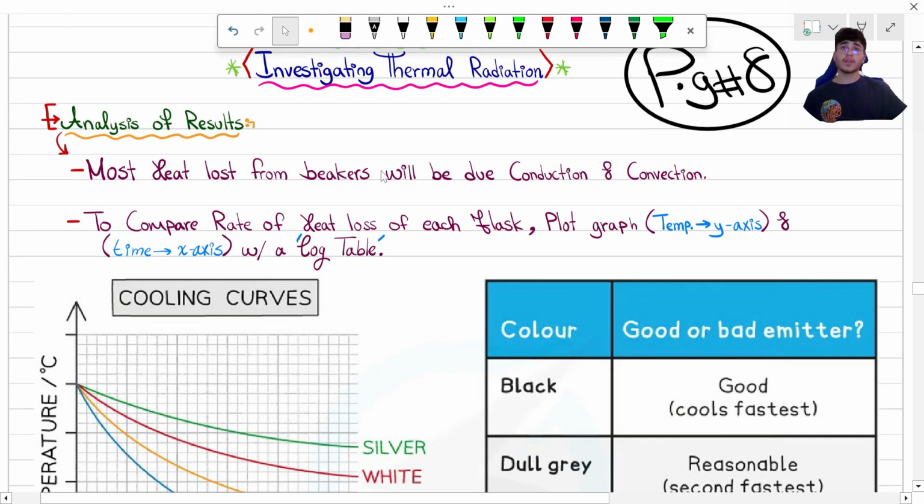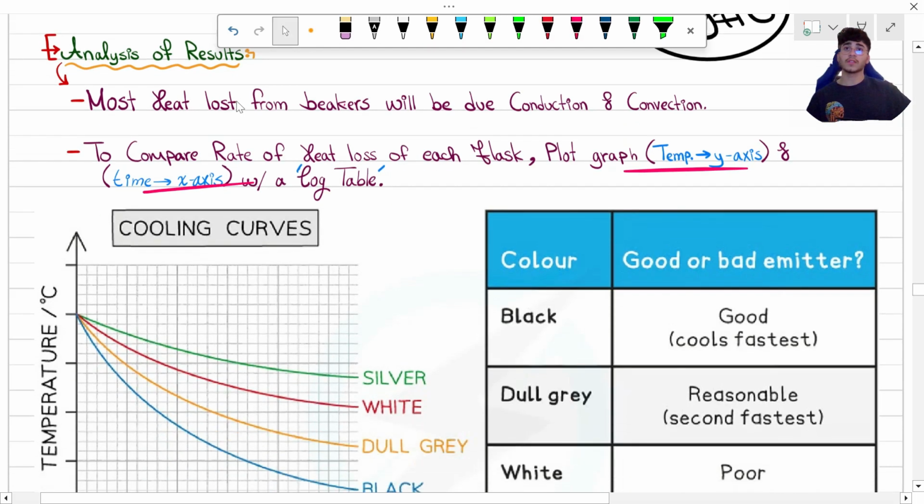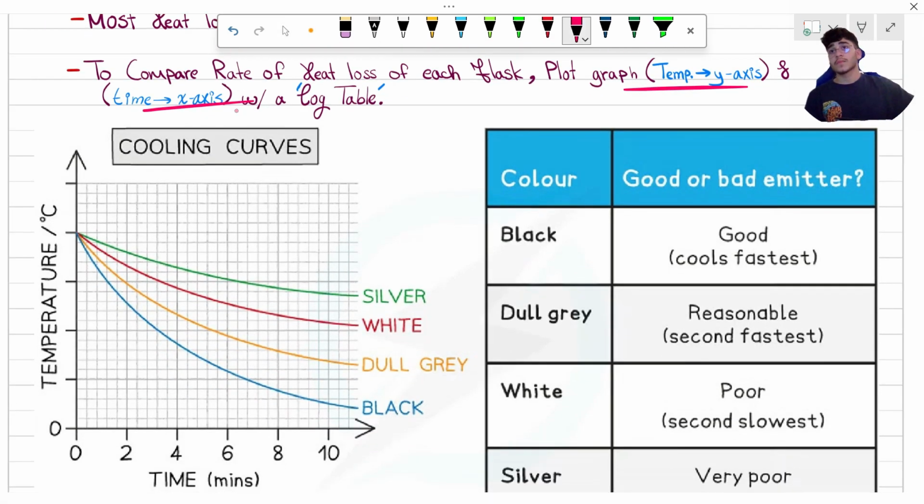So, analysis of our results. Most of the heat lost from the beakers is going to be through conduction and convection. To compare the rate of heat loss, we can plot a graph with temperature on the y-axis and time on the x-axis. So this is a graph of temperature and time, showing the rate of radiation and heat loss of silver, white, dull, and black flasks.